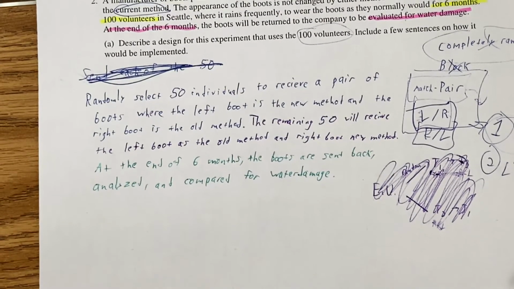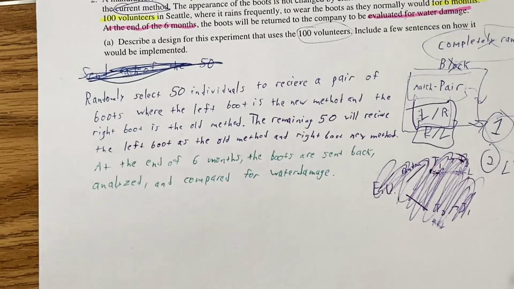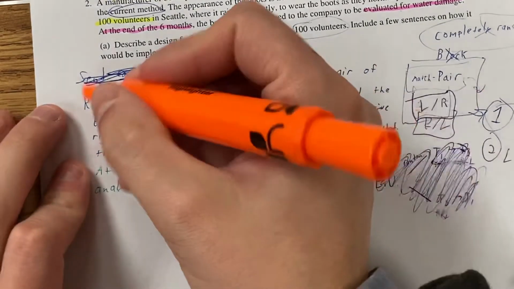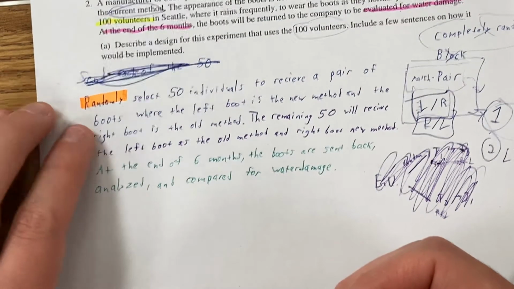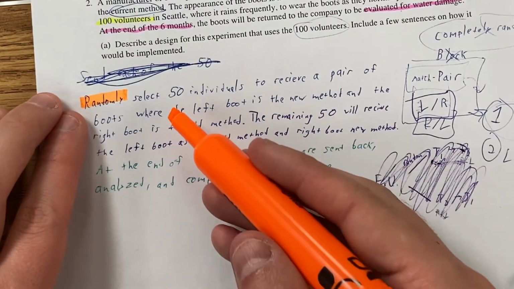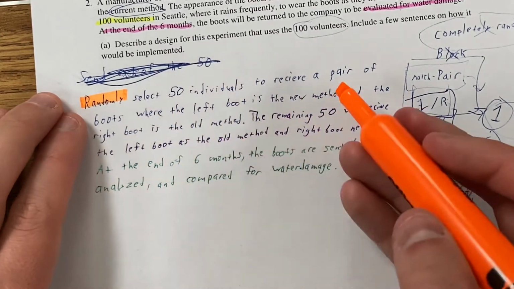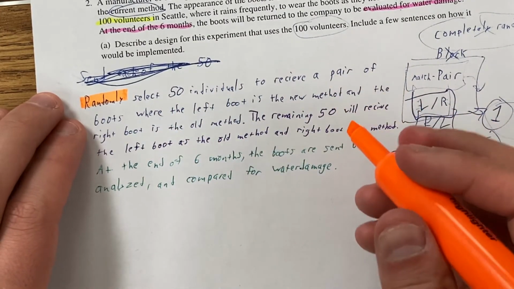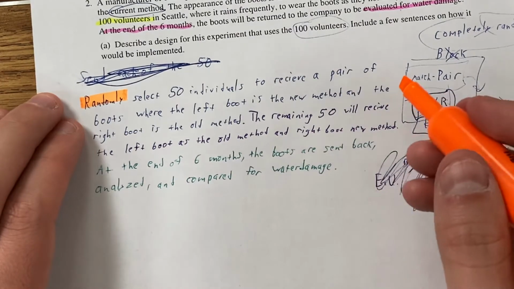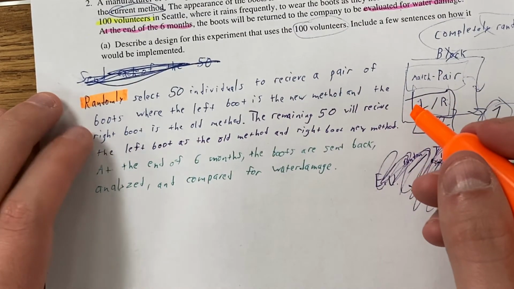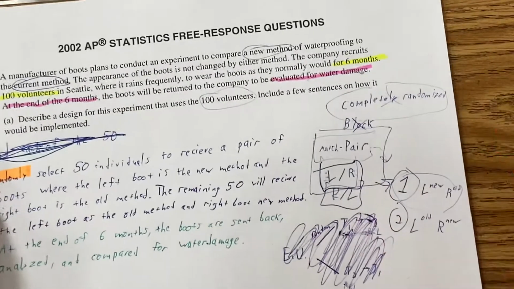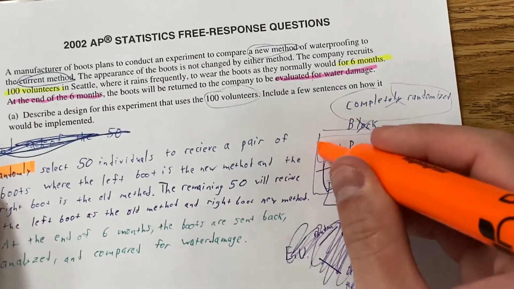If I was to be, eventually later grading this, the big things I would probably need to look for is once again the word randomly. You have to randomly assign things, so it is important to use that word. Randomly assign 50 of them to receive a pair of boots where the left is new and the other one is the old method. So something about that, something about you using a matched pair.